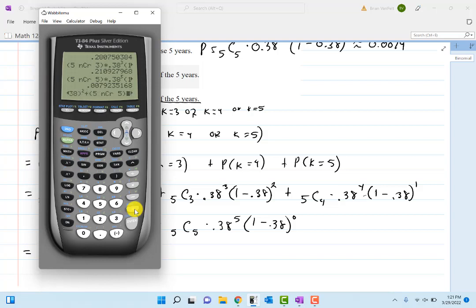Then I have for 5, so I have 3 and 5. Now I need 2 and 4. There looks like my 2. And then I need my 4. It looks like we got our 4. And nothing else, so I will hit enter. And I get about 0.6276.